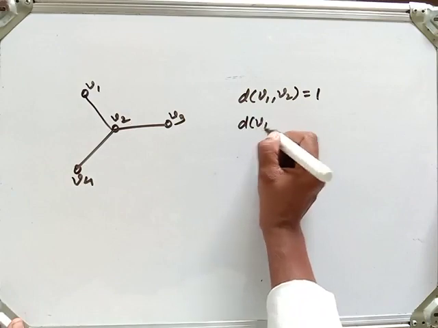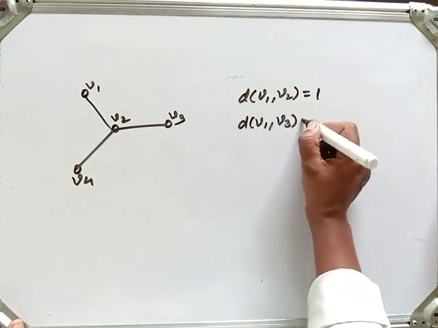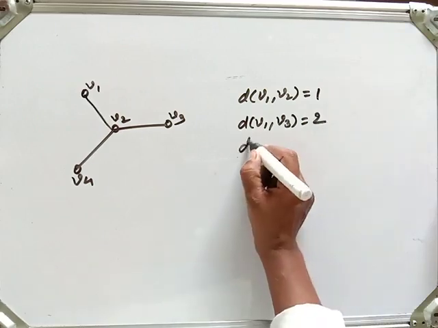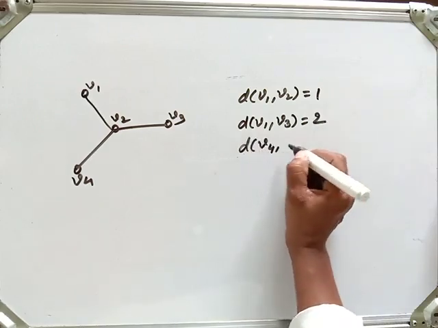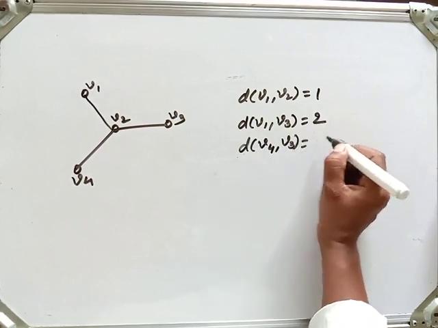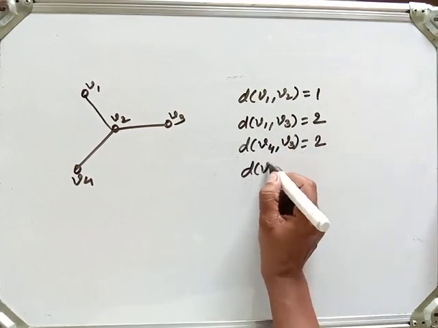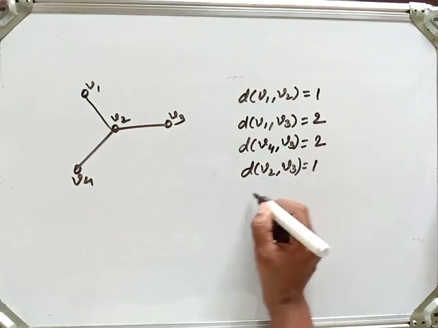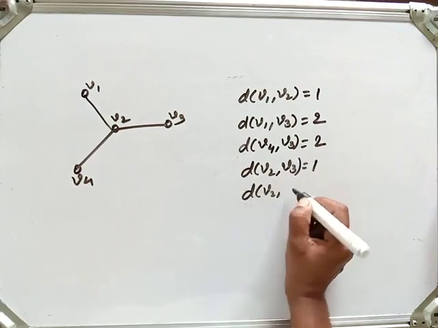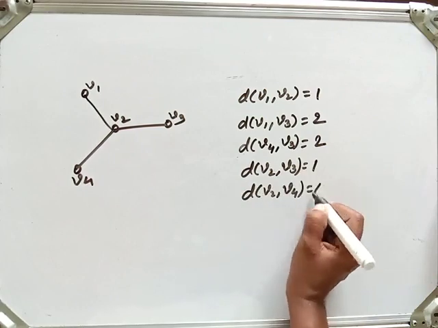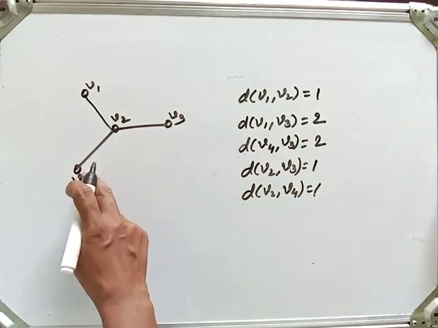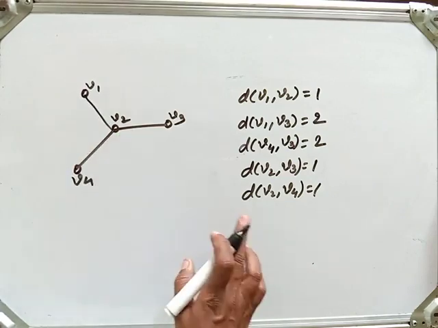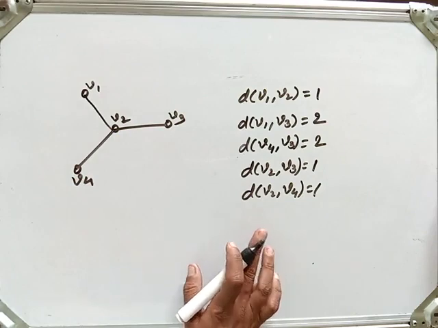Distance between v1 and v3 is 2. Distance between v4 and v3 is 2. Distance between v2 and v3 is 1. Distance between v2 and v4 is 1. The number of edges between them is nothing but the distance.